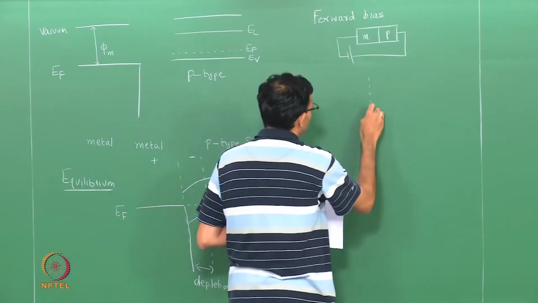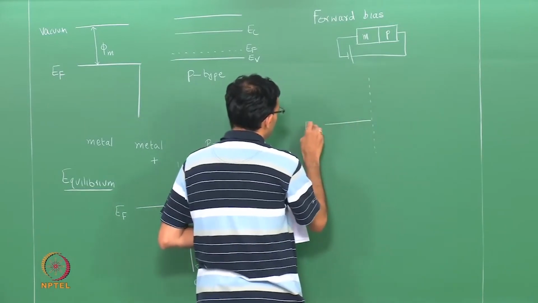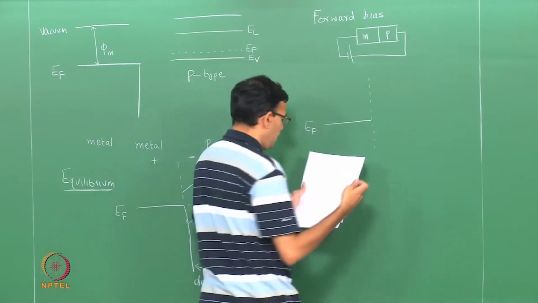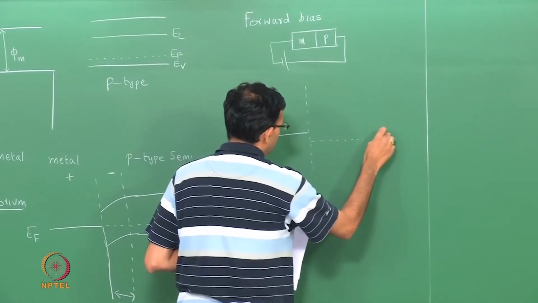So, we can once again draw this, that is my interface, that is my metal. Now, the Fermi levels no longer align, and for the p type the Fermi level is shifted down.